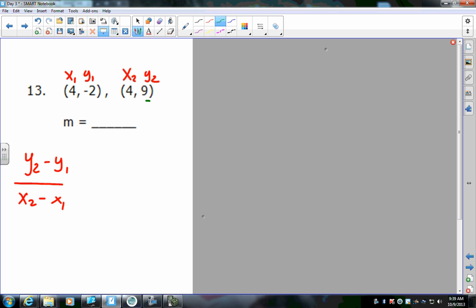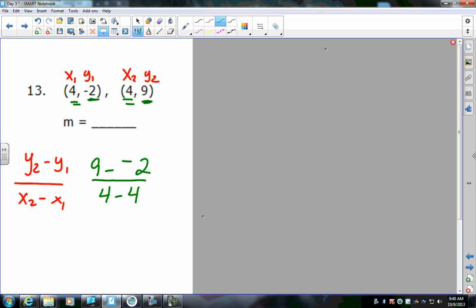Okay, y2, 9 minus, now look, that's a -2, so you have to be careful. You have to put -2. Look what I did. That minus always stays there, and then a -2. Over x2, which is 4, minus x1, which is 4.